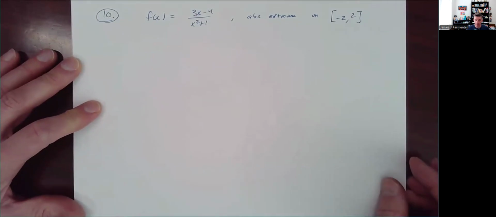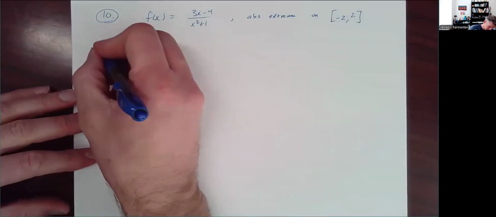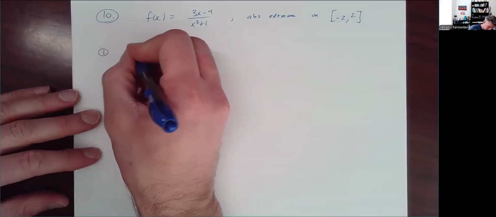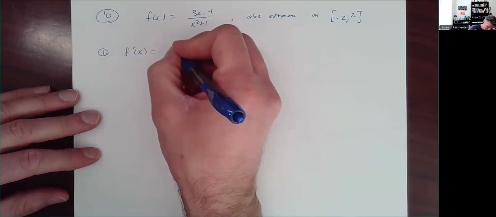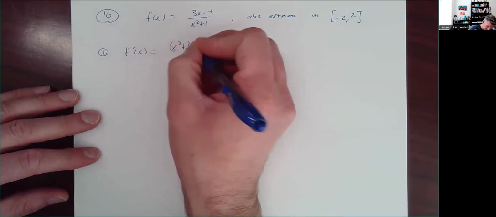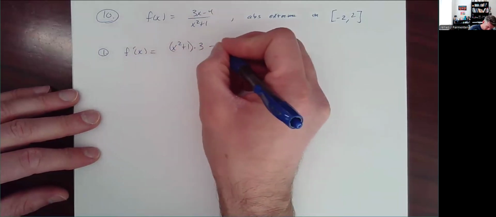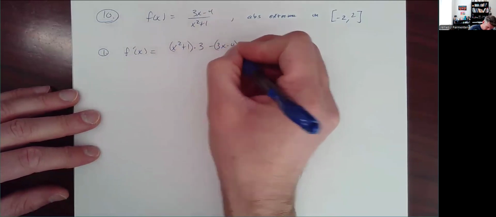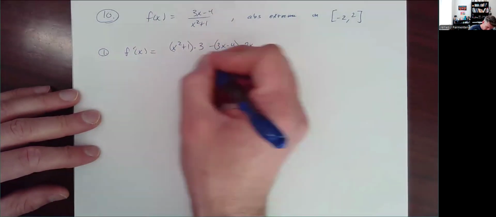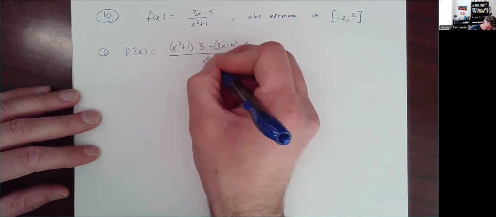So first step, find the critical values. So f prime of x, you have to use the quotient rule. It's the bottom times the derivative of the top minus the top times the derivative of the bottom, all divided by the bottom squared.